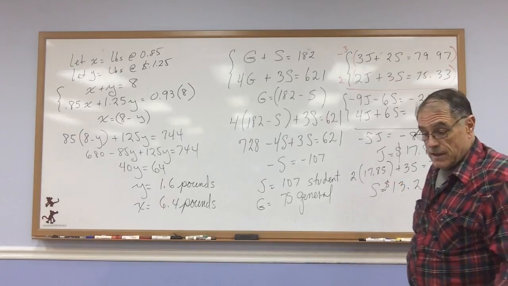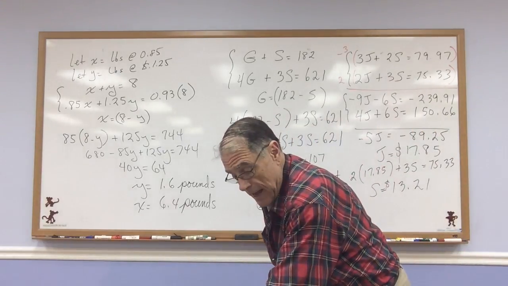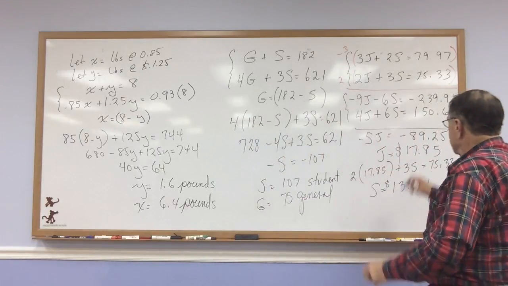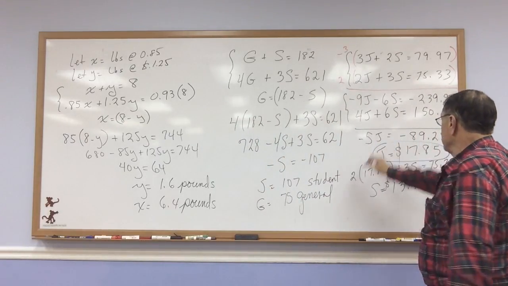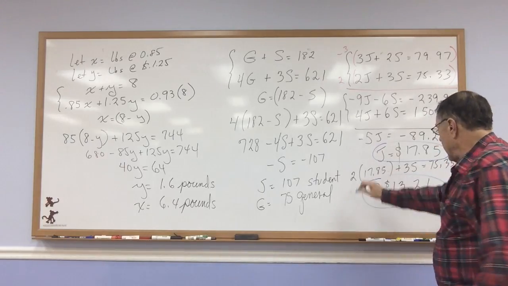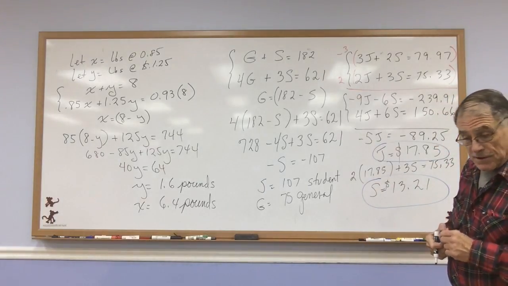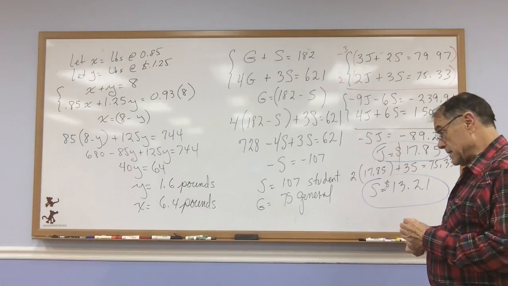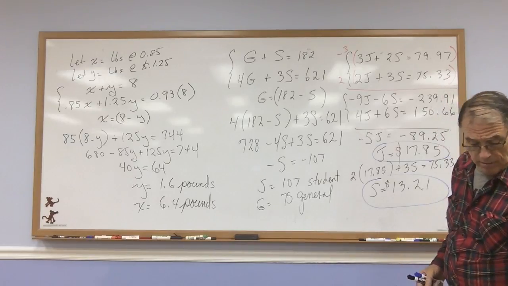So in the answer to this problem, in Japan, the average ticket for a movie, $17.85. And in Switzerland, the average price per ticket, $13.21. Again, it's a mixture problem.